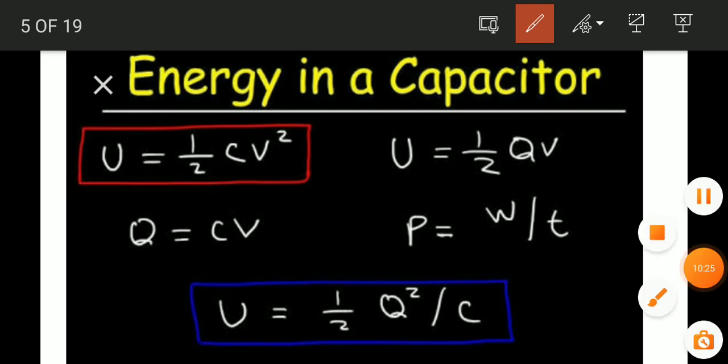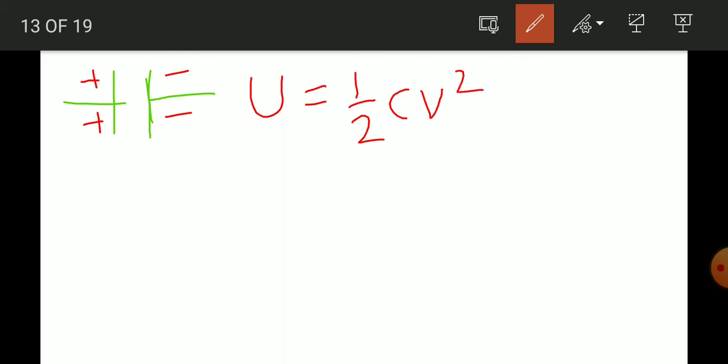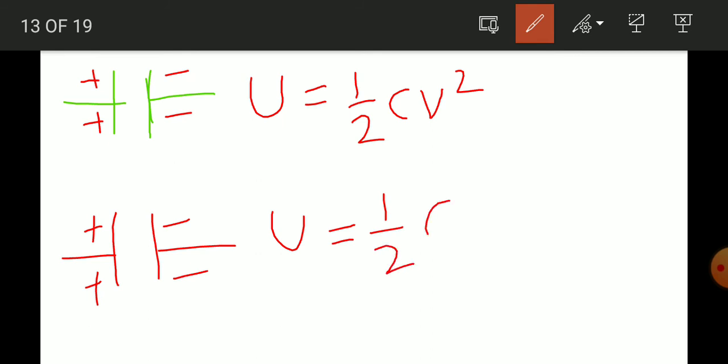In the case of a single charged capacitor, we know the formula for energy, half CV square. Suppose that we have one more capacitor, and its energy is half C2 V2 square. Let me call the first one half C1 V1 square. This is the formula for the energy stored in a capacitor.